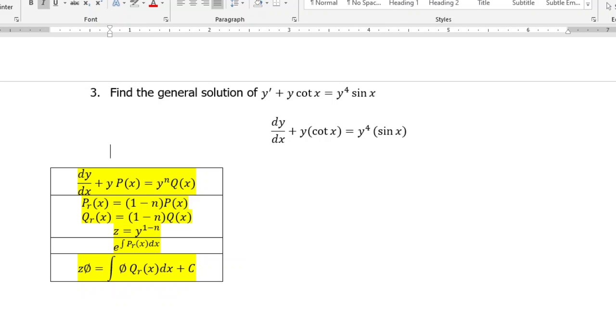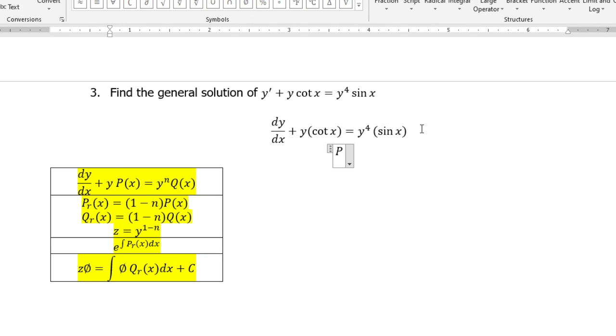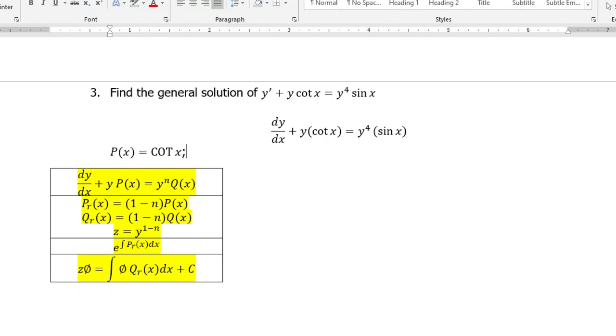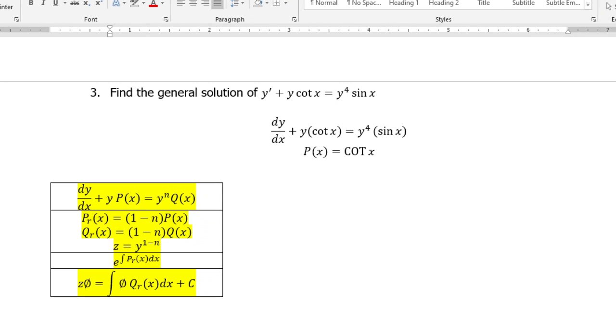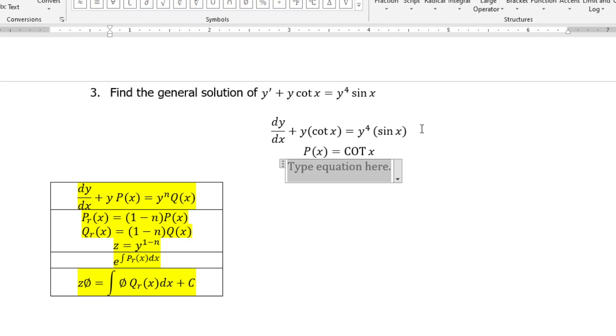So, makukuha natin na si P of x natin will be cotangent x. Tapos, makukuha natin na ang Q of x natin will be sin x.